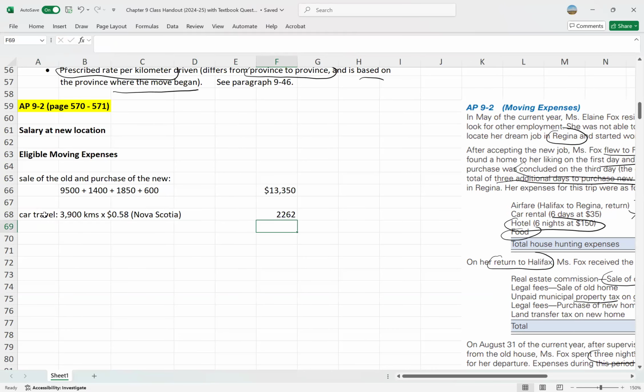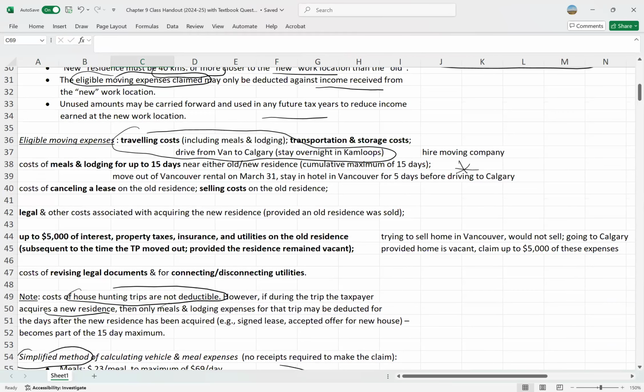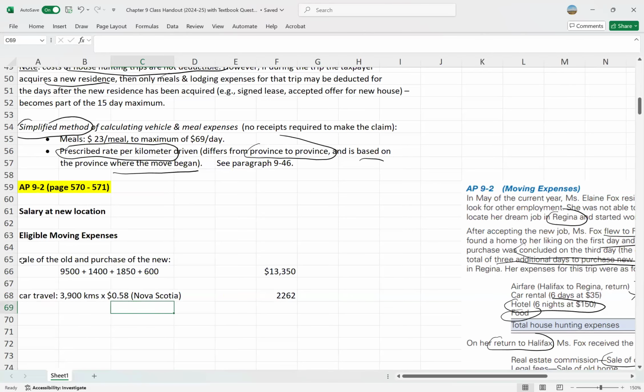Now, in addition to that, if we look up here at the traveling costs, we can also include the meals and the lodging while she is traveling. This is not part of the 15-day maximum because this is while she's actually driving from Halifax to Regina. So all of the meals and lodging qualify.